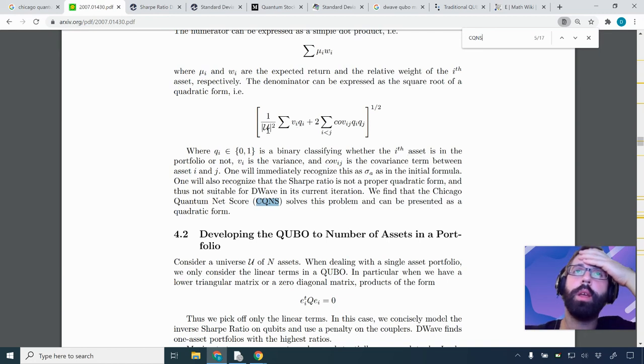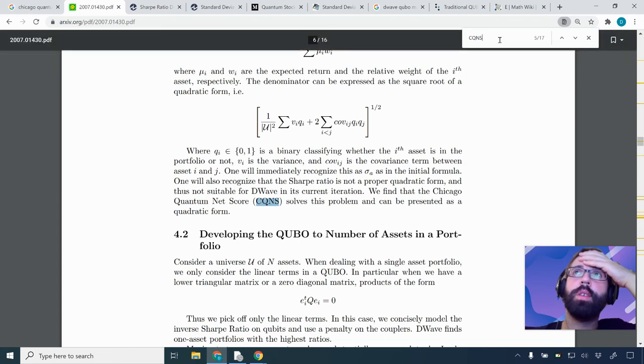This 1 divided by the square root of the quadratic form is just representing this being normalized, I guess.